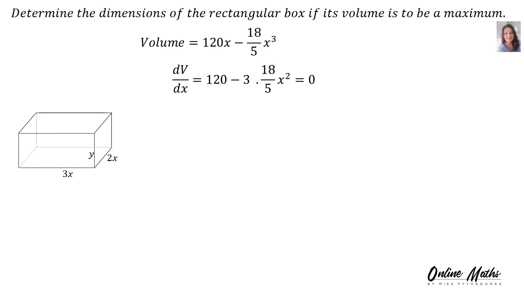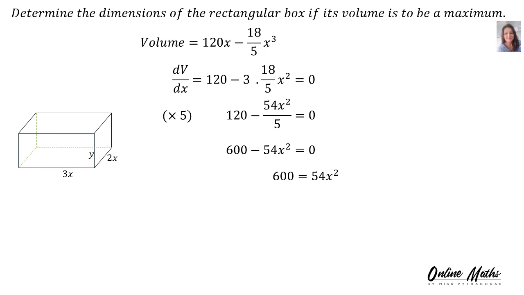So we will find the derivative, dV over dx equals 120 minus 3 times the 18 over 5 x squared, and we equate to 0. Then I said 3 times 18 is 54. In the next step, I will multiply by 5 to get rid of that 5 under the line, and I end with 600 minus 54x squared is equal to 0.